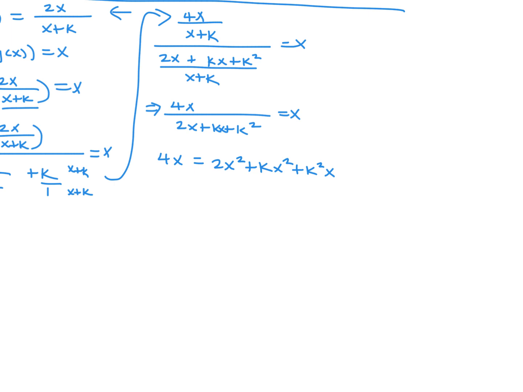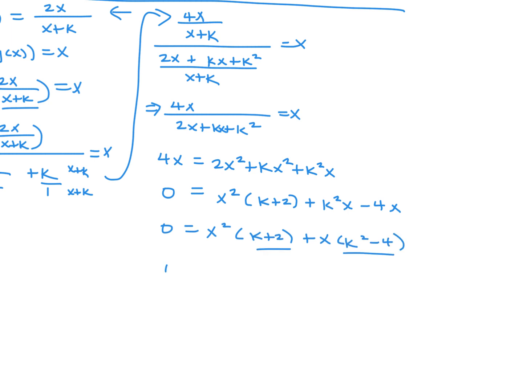Let's put everything on one side, and then let's see if we can collect like terms. x squared times (k plus 2) plus k squared x minus 4x, correct? So I think I can factor out an x, and I think that's it. k squared minus 4.